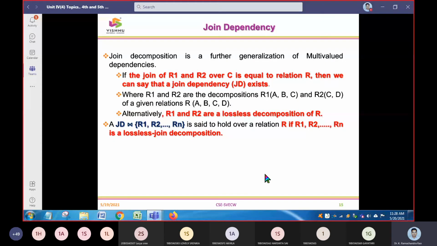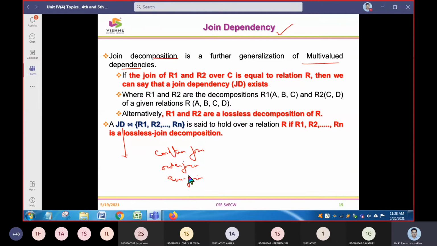After multi-valued dependencies, we have the join dependency. Join dependency is a further generalization of multi-valued dependencies. When we come across join dependency, the first condition is the join: we have inner joins, outer joins, and equijoin.